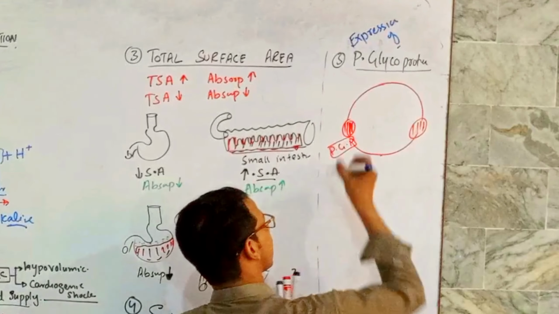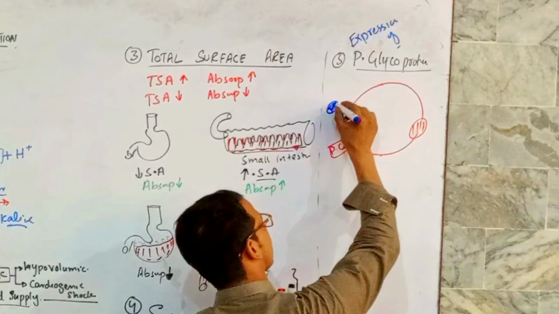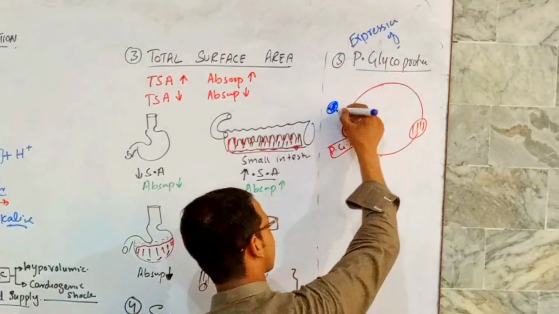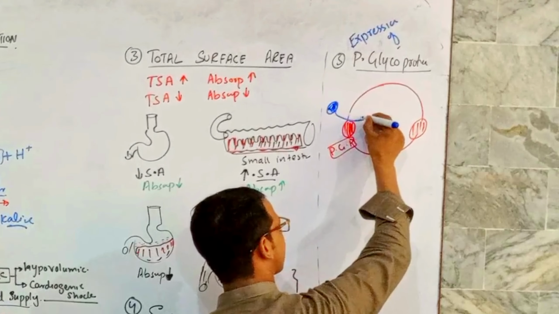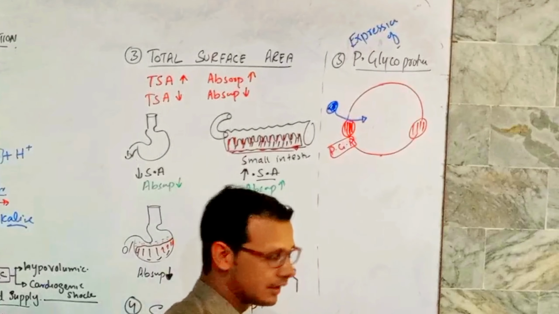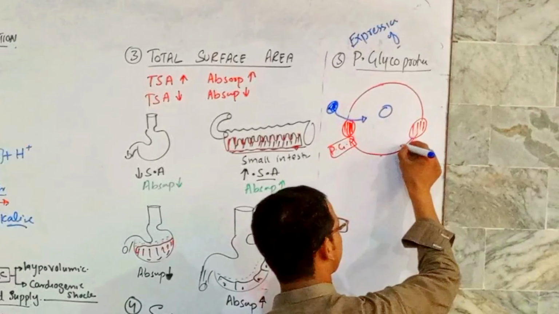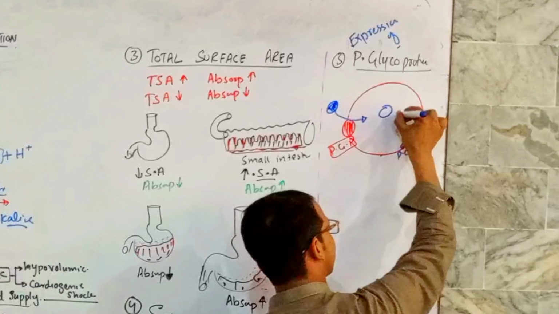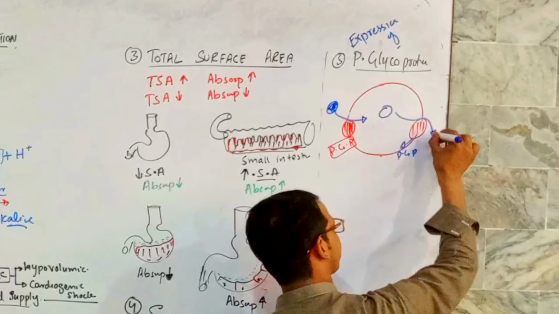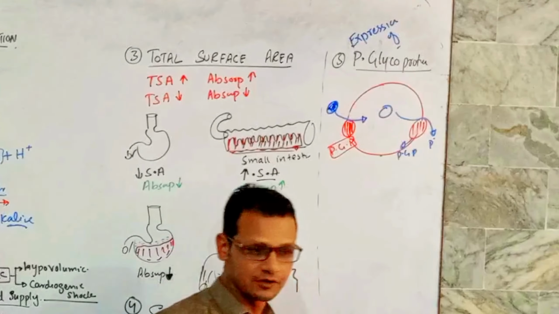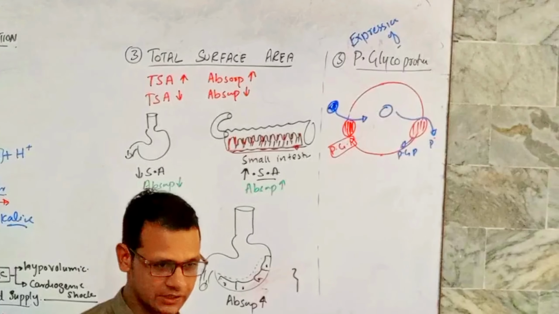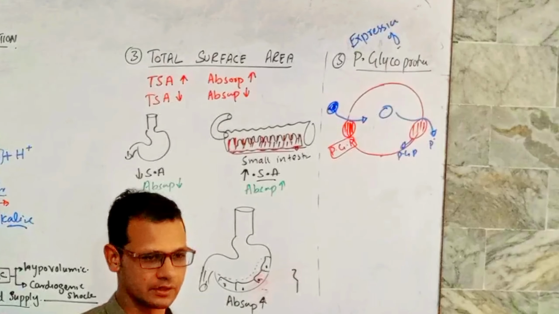If we take a drug, and this is especially for the brain, this transporter will take this drug into the cell, and this P glycoprotein is responsible to take this drug away from the cell. So if the body cells have a lot of expression of P glycoproteins, the absorption will be reduced.